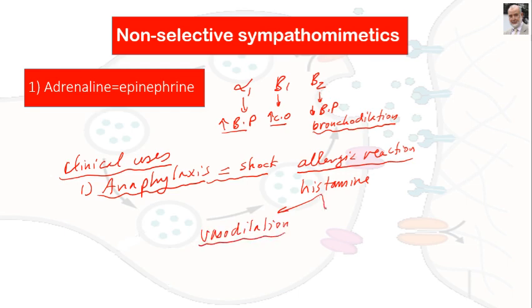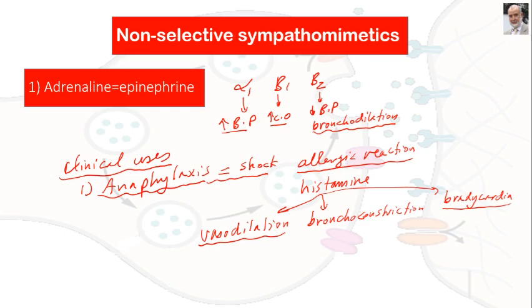It will act on H1 receptors in the bronchioles, producing bronchoconstriction. And it produces bradycardia, decreasing cardiac output, and other symptoms like skin rash, like angioedema, etc.